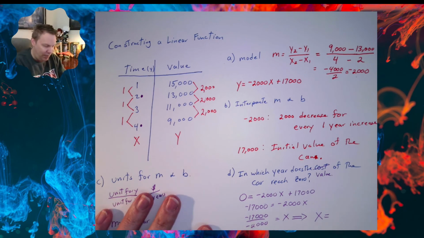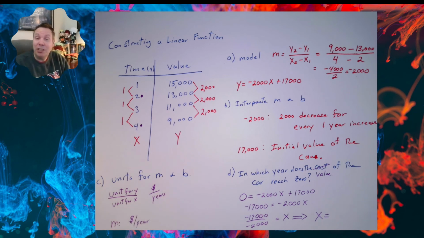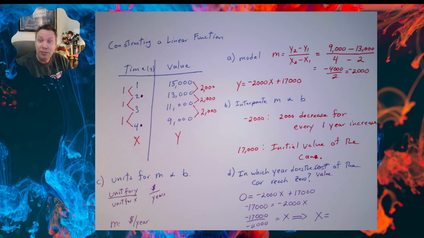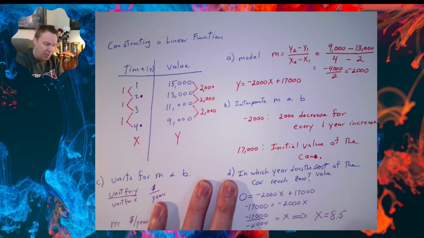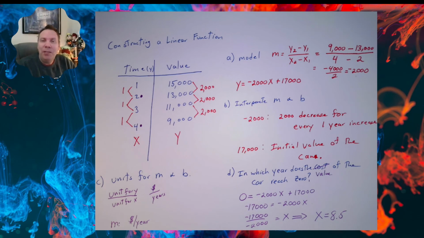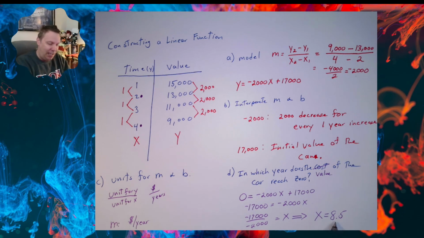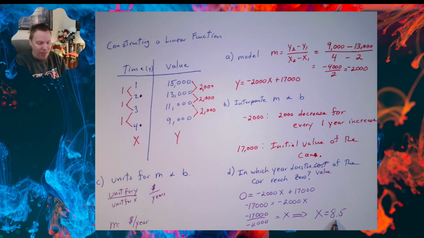Negative 17,000 divided by negative 2,000, that's going to be a positive number. 17 divided by 2 is going to be 8.5. So it's going to take 8.5 years for the value of this car to reach 0. In which year does it? Well, my answer here is 8.5.